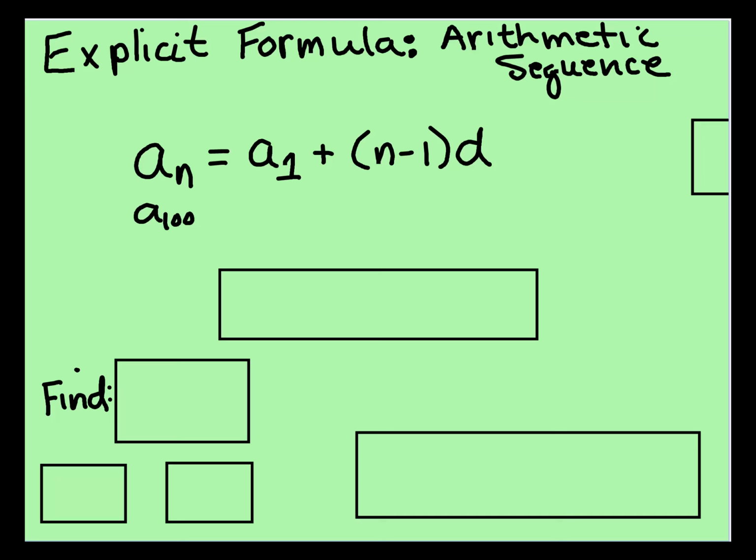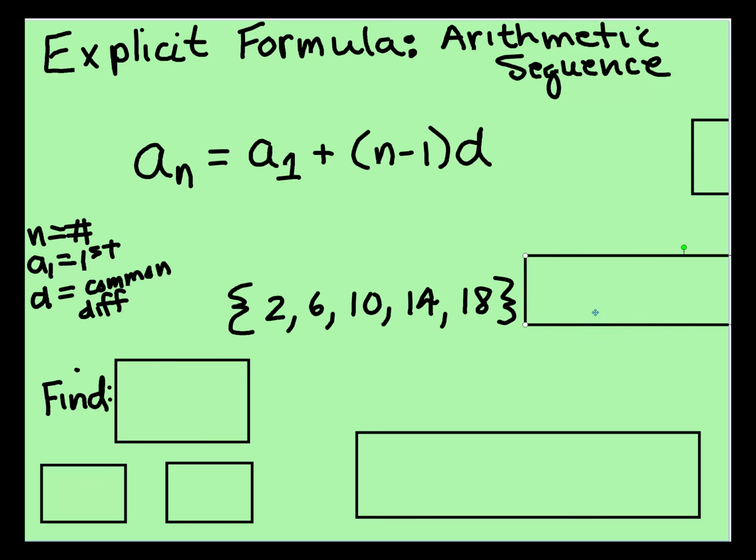N is the number of terms in a sequence. A sub 1 is the first term, and d represents what we spoke about in the last video, the common difference.